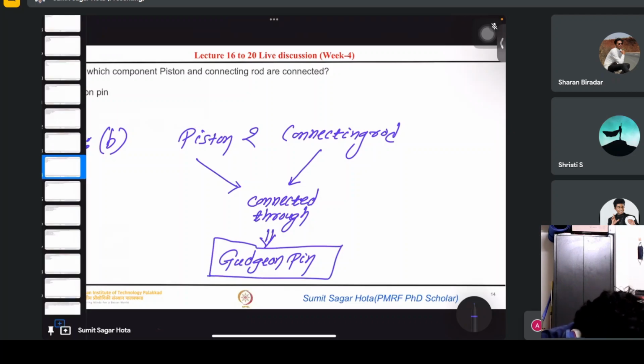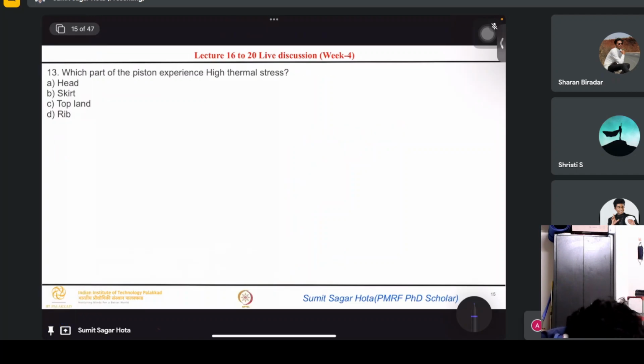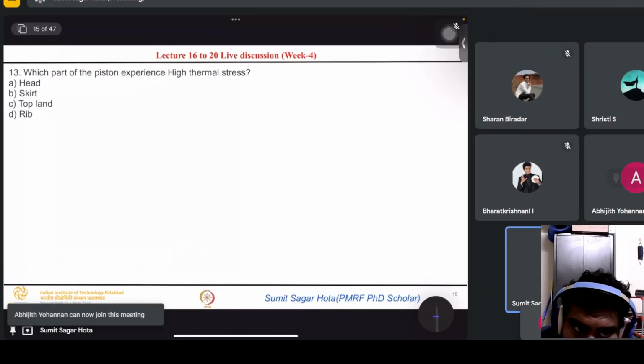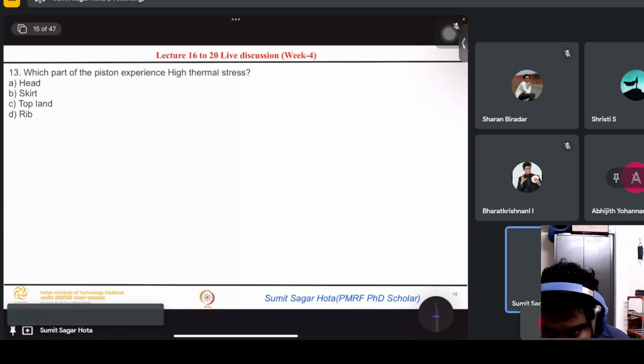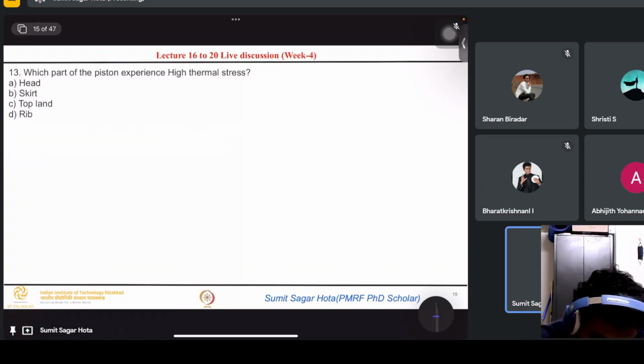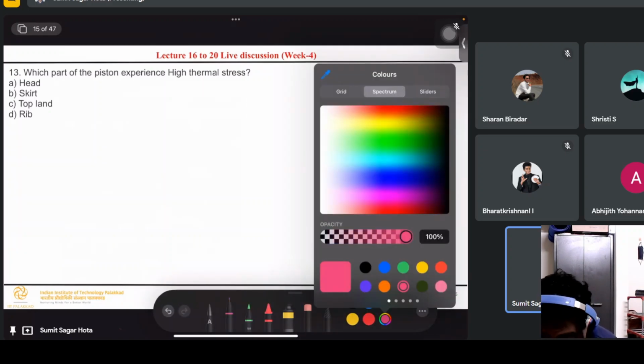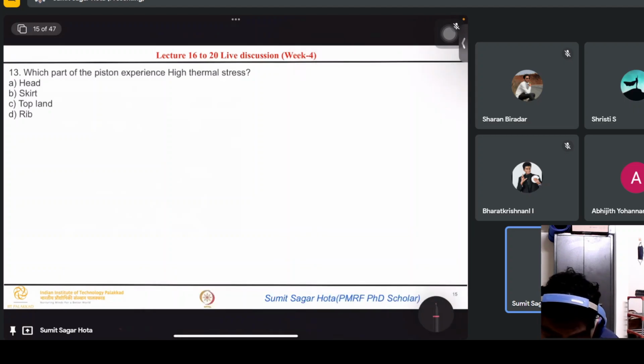Okay, so next question. Now, which part of the piston experiences high thermal stress?